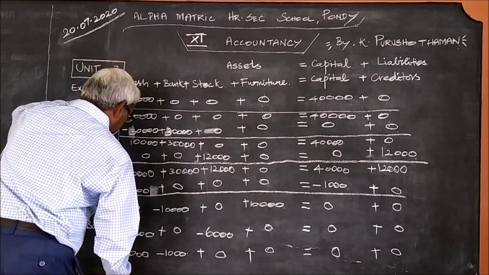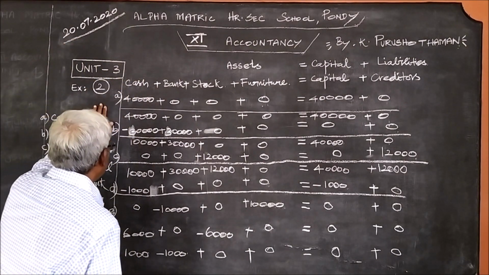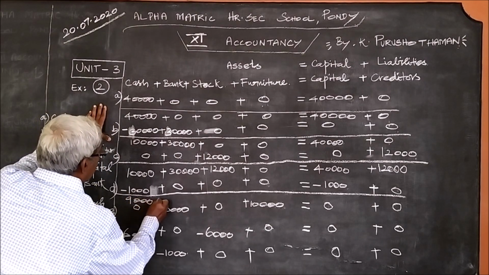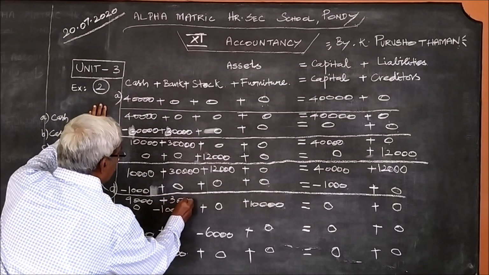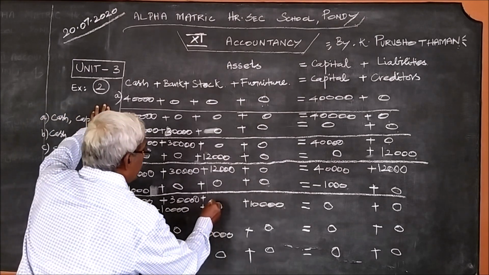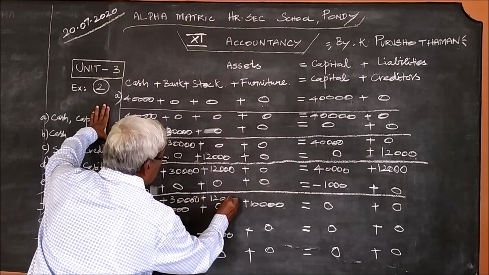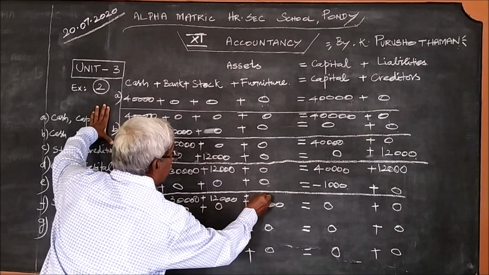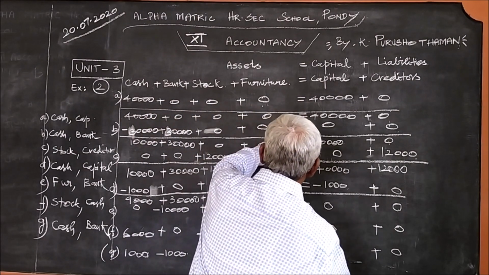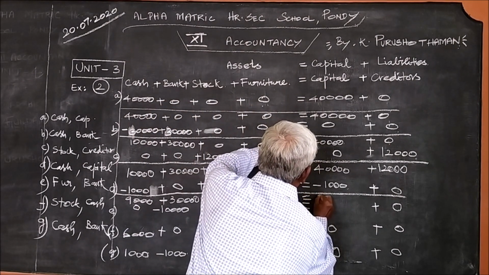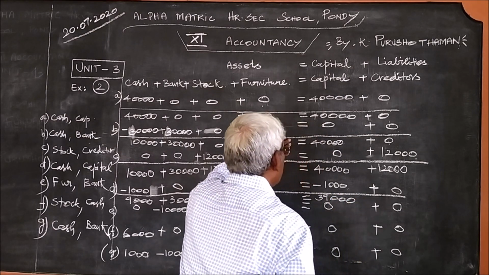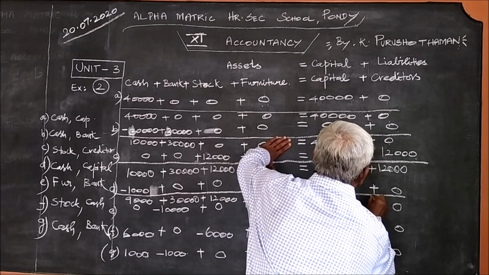This is 10,000 minus 1,000, 9,000. 30,000 plus 0, 30,000. 12,000 plus 0, 12,000. 0 plus 0, 0. 40,000 minus 1,000, 39,000. 12,000 plus 0, 12,000.